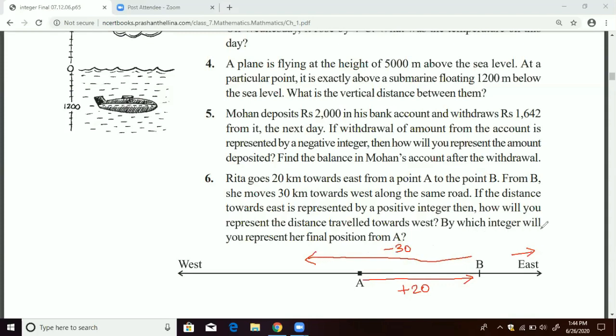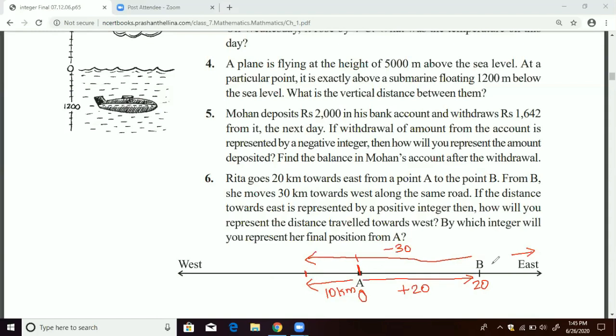By which integer will you represent her final position from A? She arrives at 20 kilometers here, and the starting point is 0. Then she comes back 30 kilometers. Up to here 20 is over, then she moves 10 kilometers more. So the final position is 10 kilometers from A towards west.